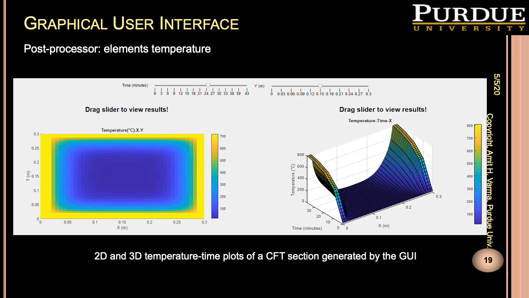In the right figure, the temperature of the elements is shown with respect to time and the width of the cross section. The temperature increase rate of the elements close to the surface, like at x equal to 0, is higher than the increase rate of the temperature for the elements in the middle of the section.